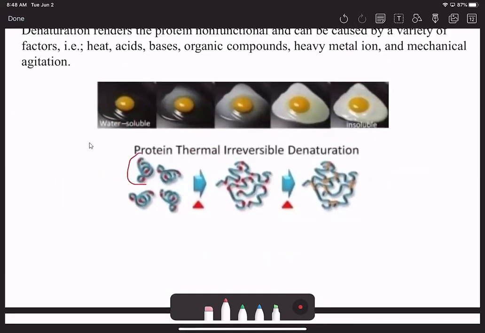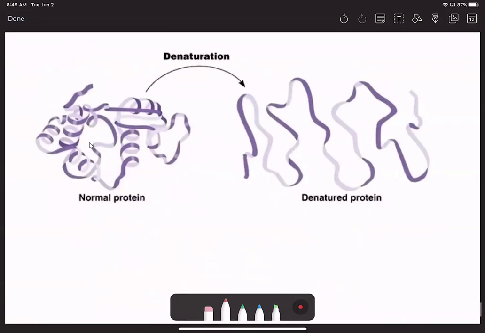So here we have this protein that's folded, either with alpha helixes or beta pleated sheets, and then we start to break those hydrogen bonds, and we still have the protein that's bonded together. So all the peptide bonds are still there. It's still a long chain, but it's more like a loose ribbon now, right?